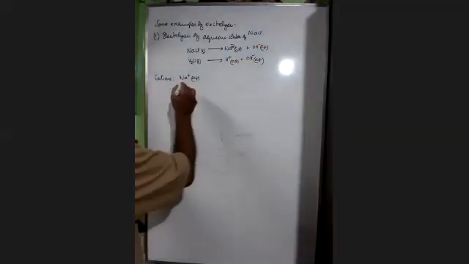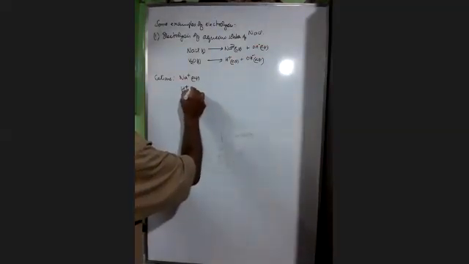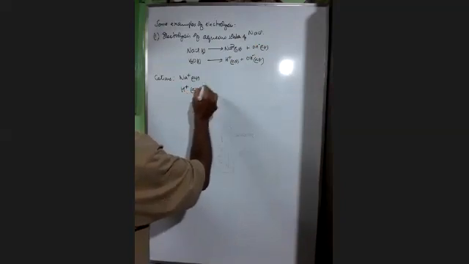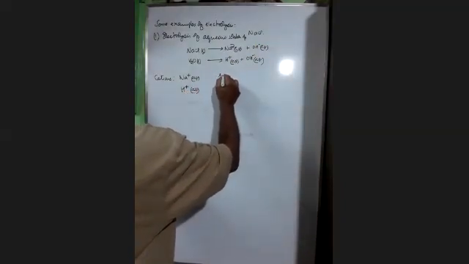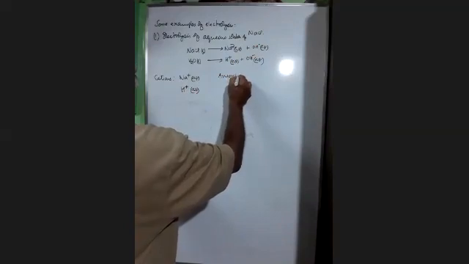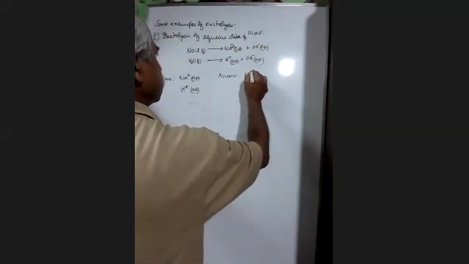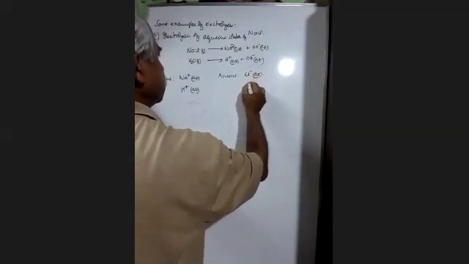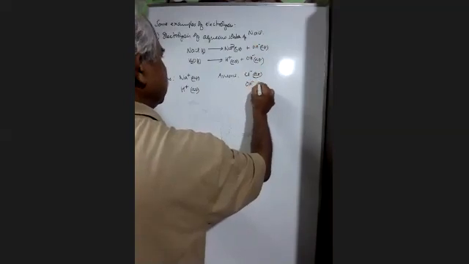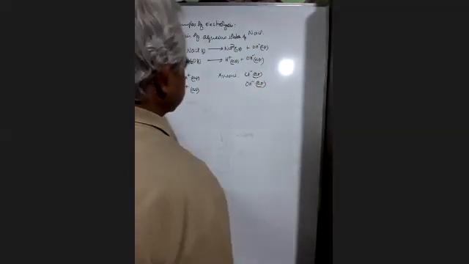So it will be this and H plus. Anions will be chloride aqueous and hydroxide aqueous.